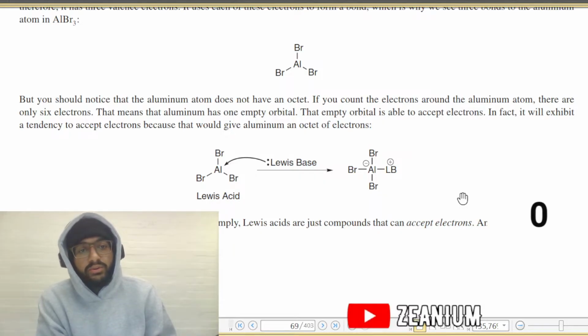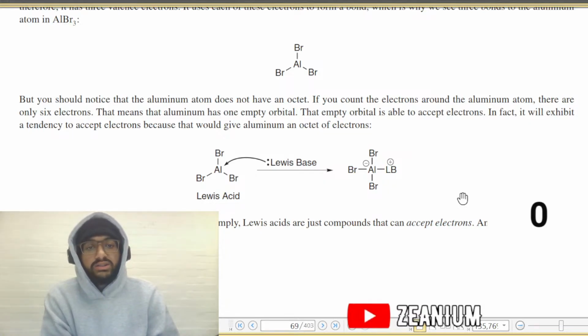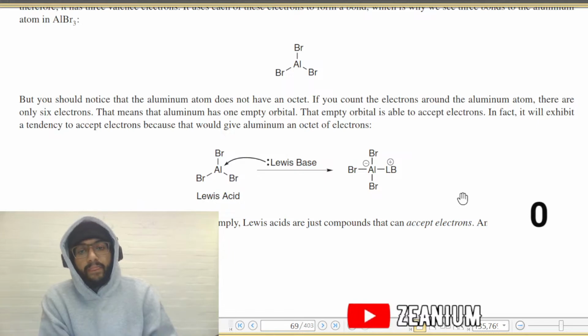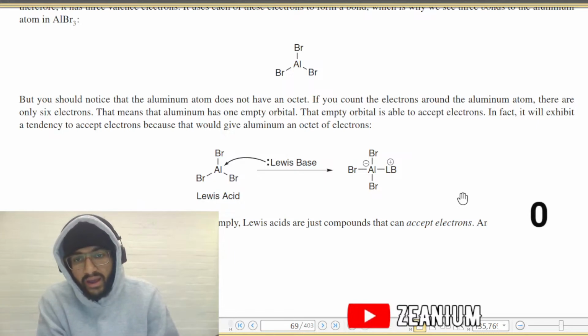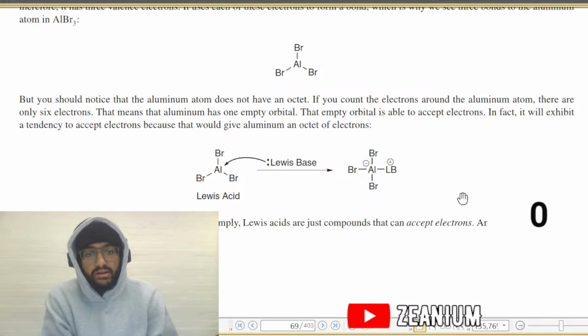That empty orbital is able to accept electrons. In fact, it will exhibit a tendency to accept electrons because that will give aluminum an octet of electrons. Therefore, we call AlBr3 a Lewis acid. To put it simply, Lewis acids are just compounds that can accept electrons.